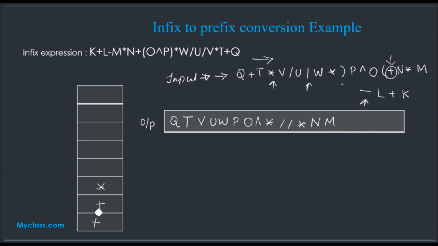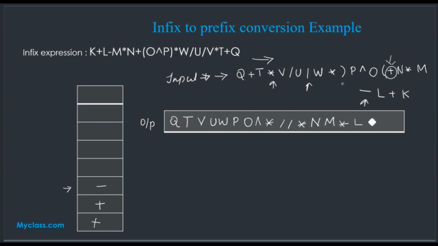Subtraction has lower precedence compared to the star on top of the stack, so we pop the star first. When we check the next top of the stack, plus and subtraction have the same precedence, so we push the subtraction into our stack.